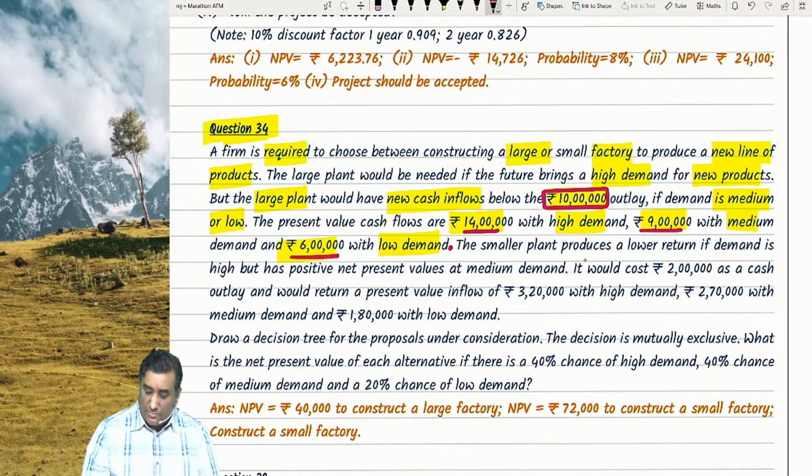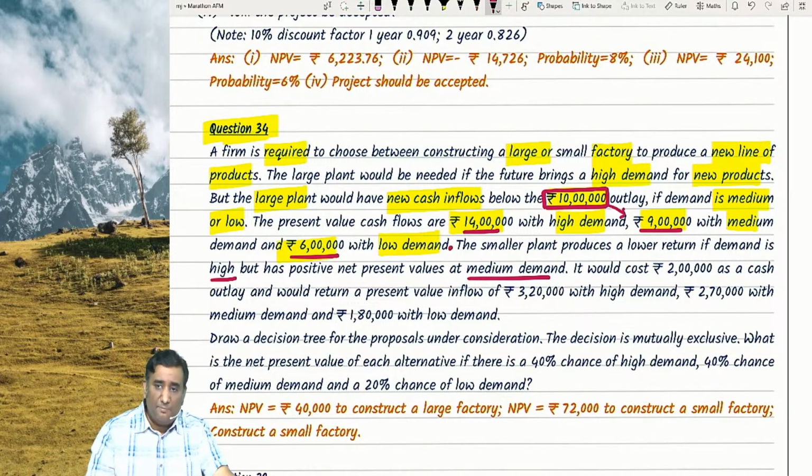The smaller plant produces lower return if the demand is high, but has positive NPV at medium demand. Actually, in the case of a large plant, NPV was negative at medium, because the inflow is lower. In the small, expense would be lesser, return would be lesser, but NPV would be positive at high and medium.